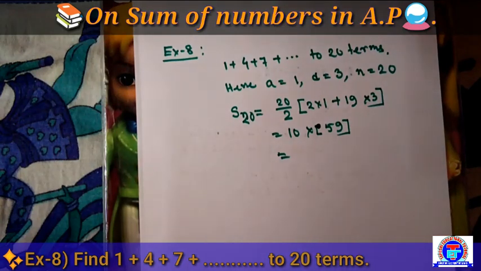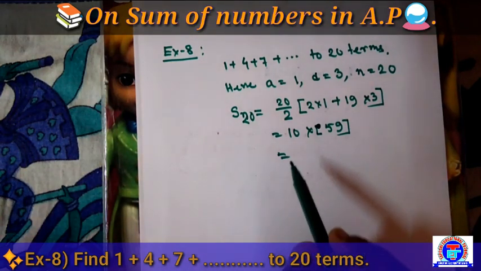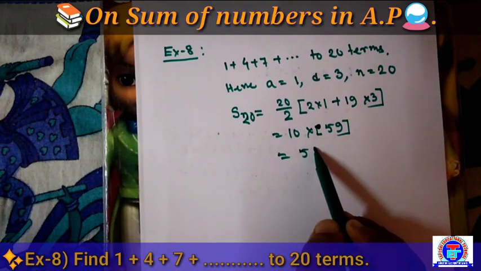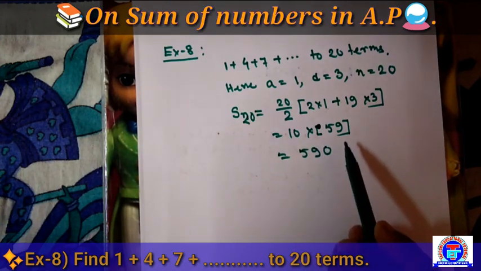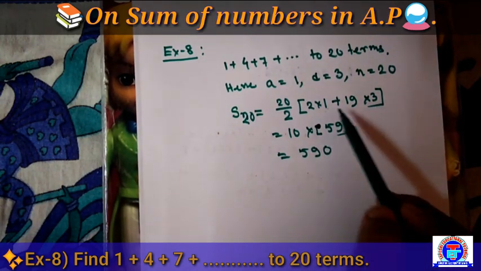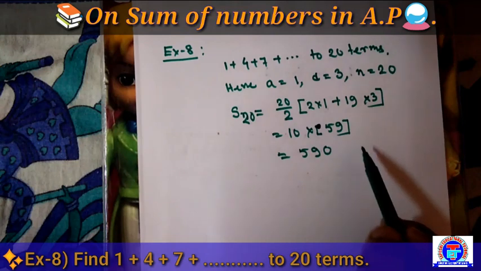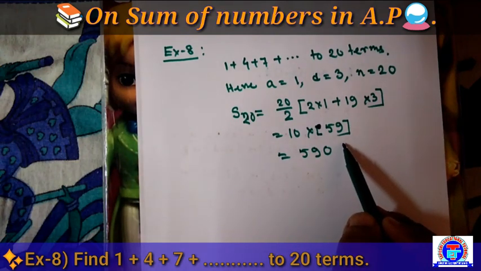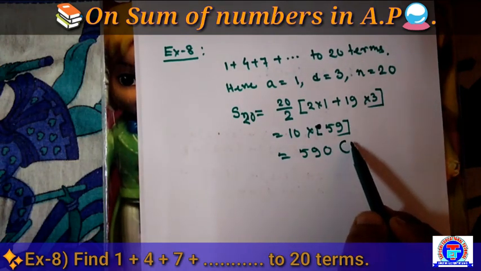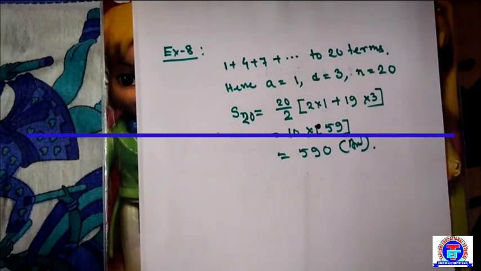So this will become 10 multiplied by 59, that is 590. Here 2 into 1 is 2 and this one 57, so 59 is here, right? I hope you clearly understand this problem, right?